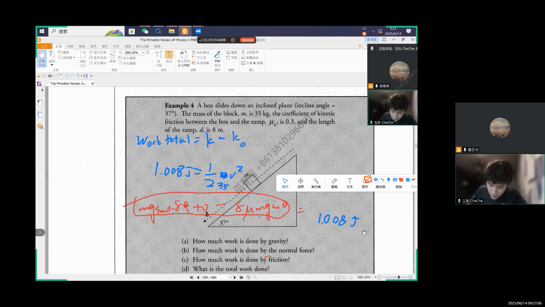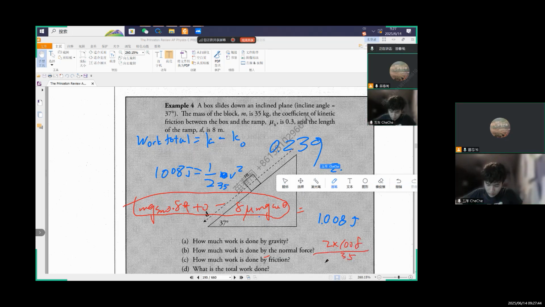So 0.2 something, 39. Wait, it's 1008, not 1.008. So it's 2 times 1008 over 35, and the square root of it.